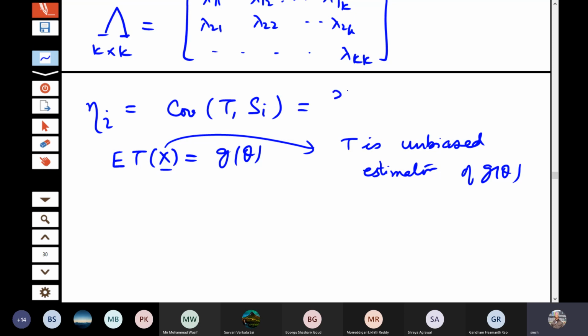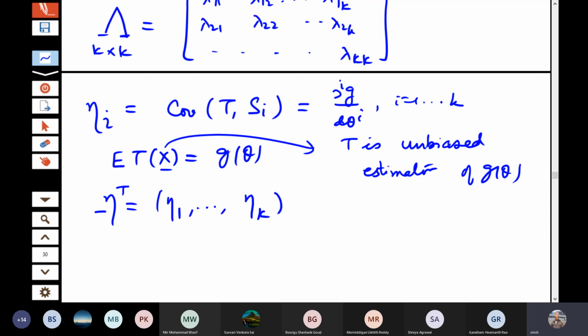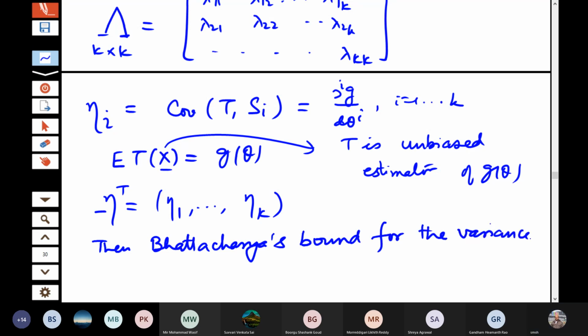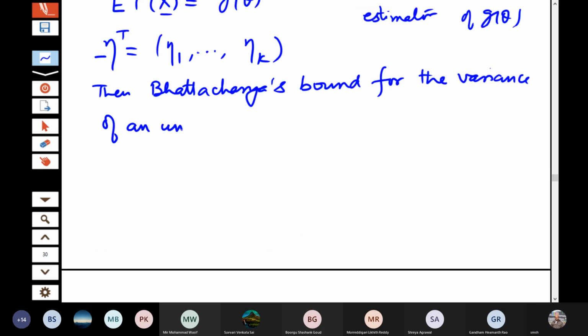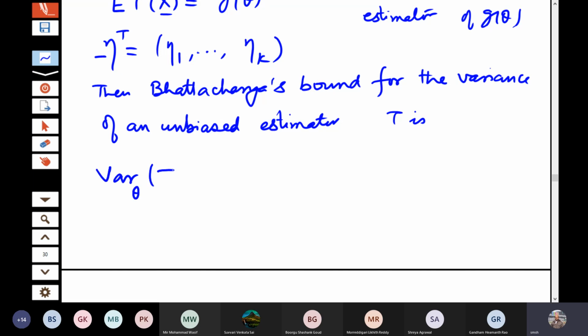So this actually you can simplify. I is equal to 1 to K. If I consider vector eta as eta 1, eta 2, eta K, this is transpose here, then variance of T is greater than or equal to eta transpose lambda inverse eta.